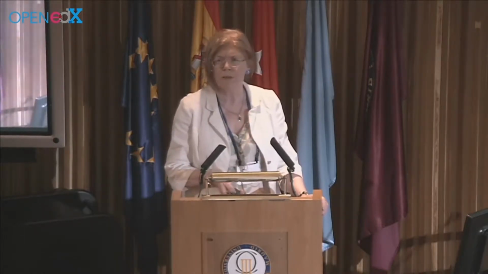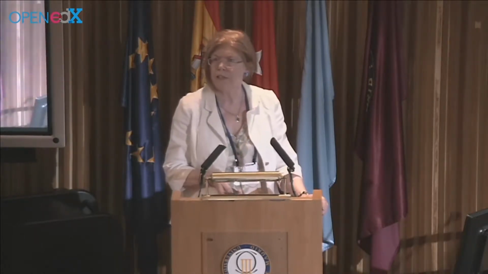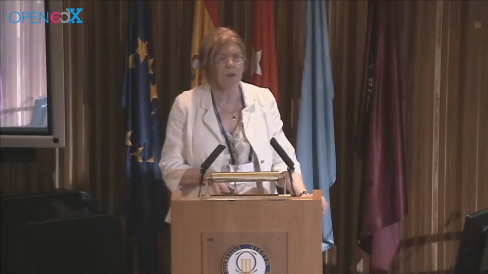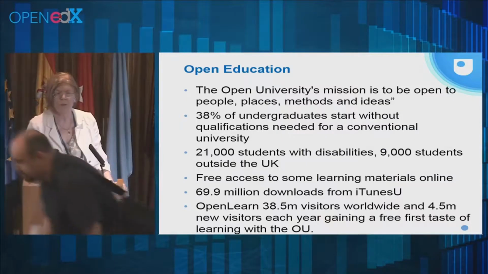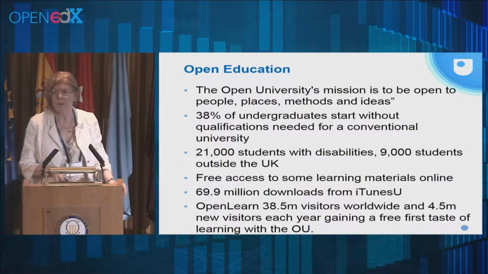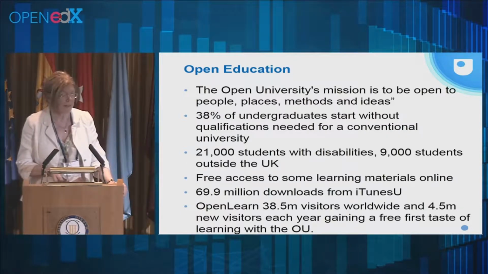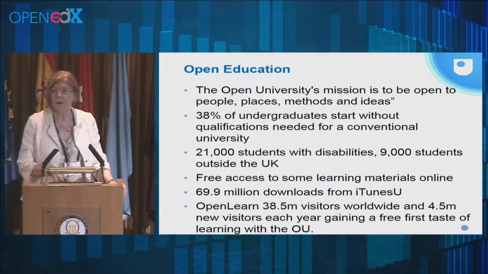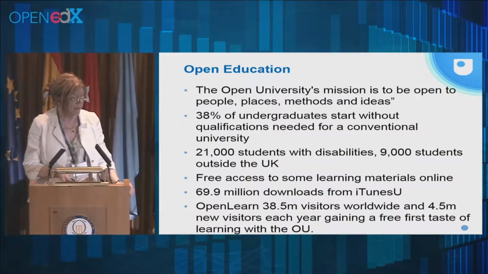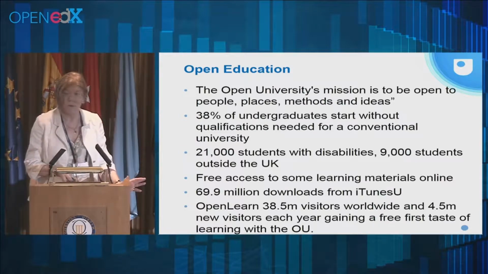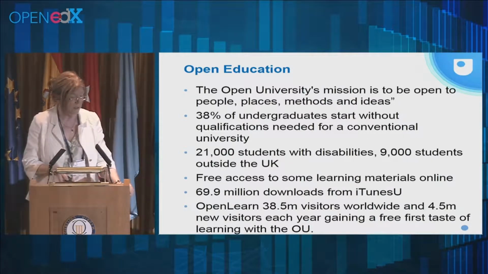The overall numbers for the university is something like 170,000 if you include about 40,000 students who are in programs that we validate rather than directly studying with us. We're the biggest university in the UK, but we do have a significant number of students studying overseas for undergraduate qualifications.